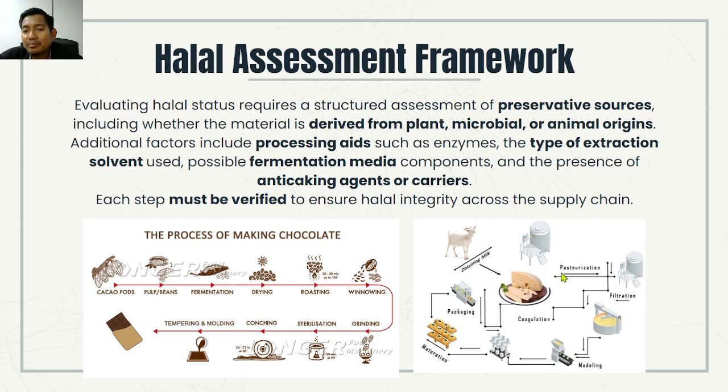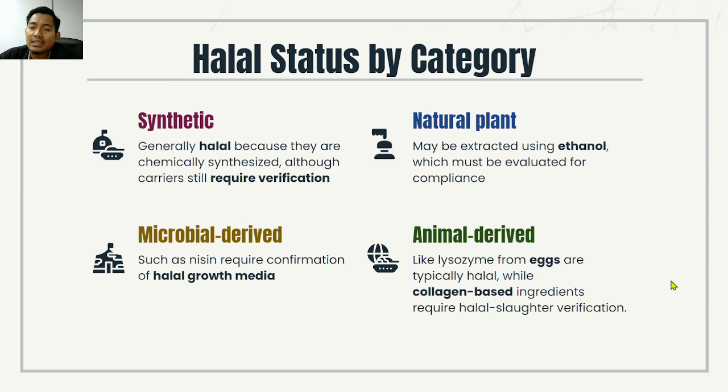This is some example on the cheese part. For example, in cheese, for sure we are concerned about the rennet, but before it is made into cheese, they probably use a preservative, maybe a non-halal preservative, to preserve the cheese. So, halal status by category: synthetic is generally halal because it is chemically synthesized, although carriers still require verification.